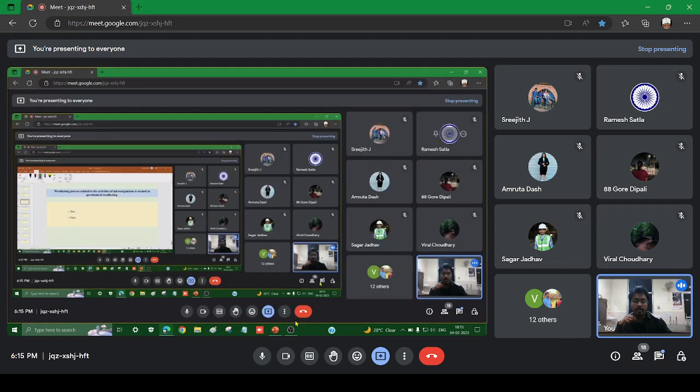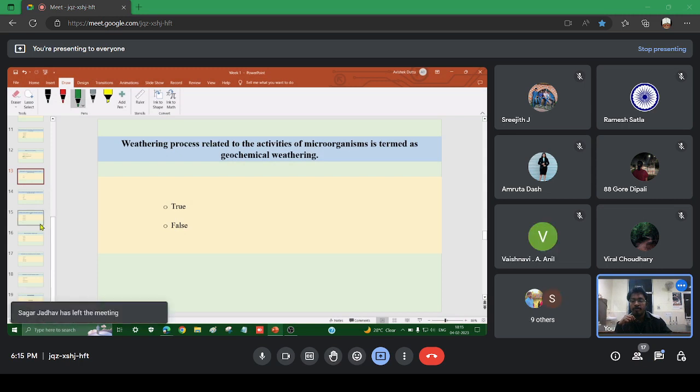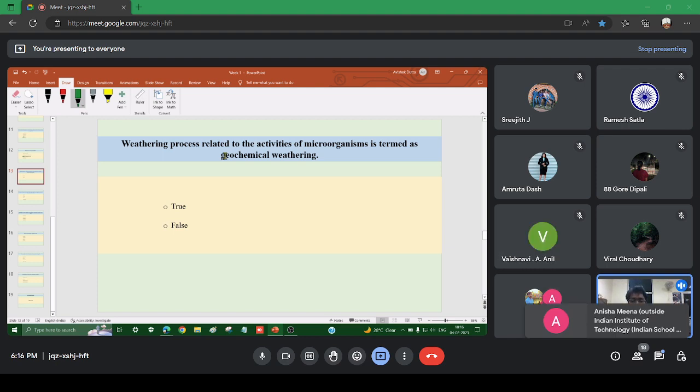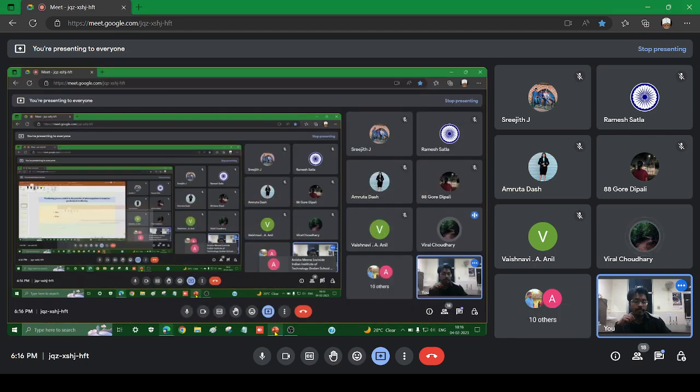I've already mentioned that in a previous question: physical, chemical, biological actions. So the weathering process related to the activities of microorganisms is termed as biological weathering. There is no such term as geochemical weathering. It is physical or chemical or biological weathering. So the answer is biological weathering. The statement is false. Is it clear, everyone? Okay, fine.